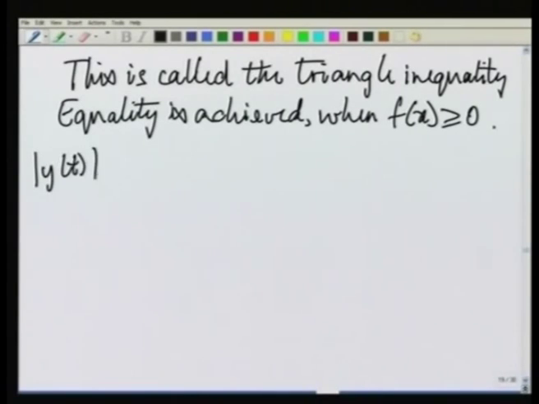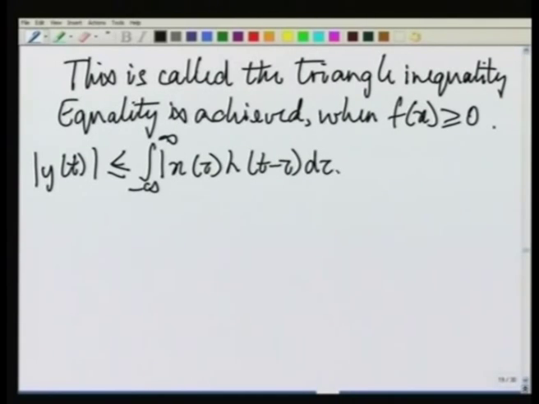mod y(t) is less than or equal to the integral over all time of x(tau) h(t minus tau) d tau, which is less than or equal to the integral over all time of the absolute values of the factors of the integrand.